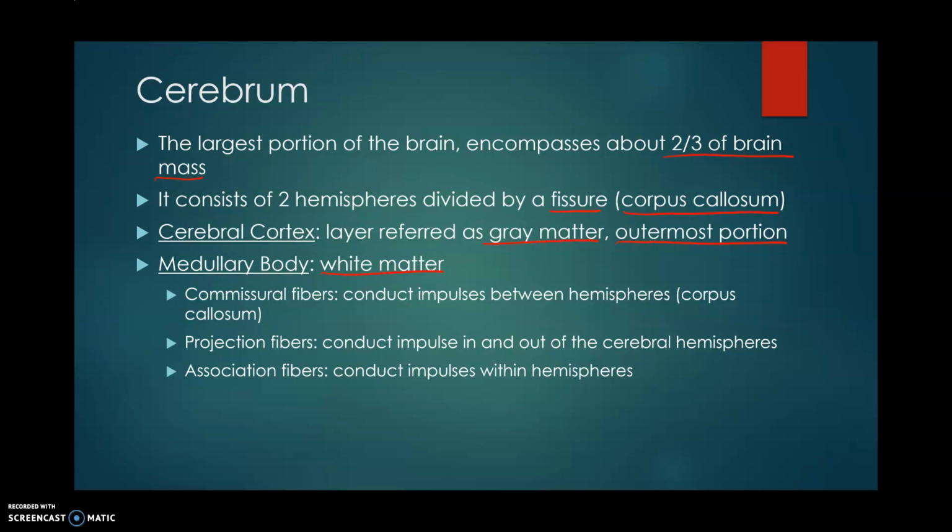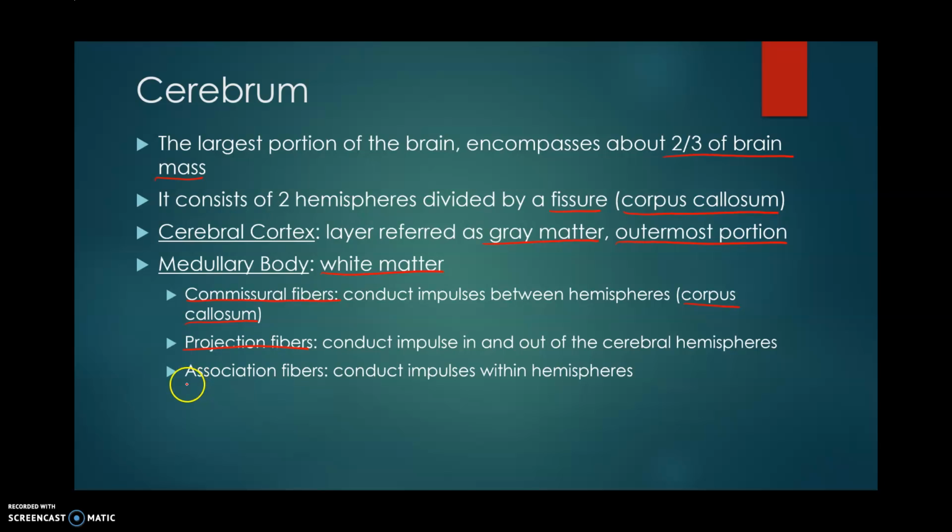So we can see a couple different types of fibers. Commissural fibers conduct impulses between the hemispheres, so that's going to be part of our corpus callosum, telling our right side and left side of our brain what's going on. We see projection fibers as well, and these conduct impulses in and out of our cerebral hemispheres.